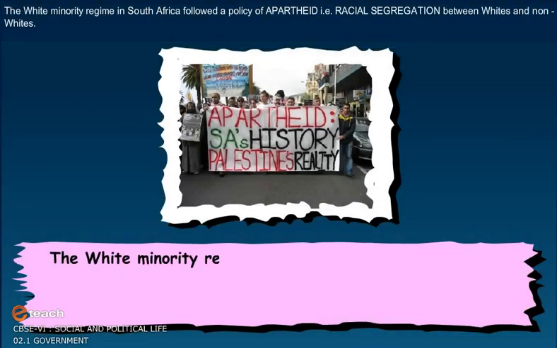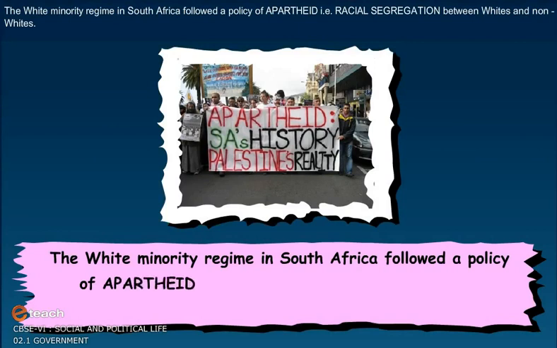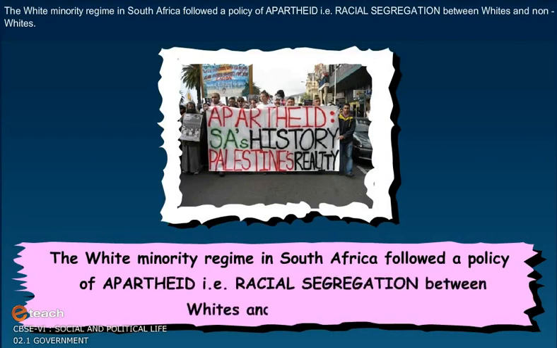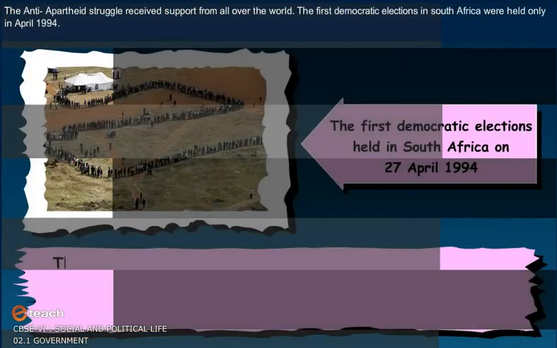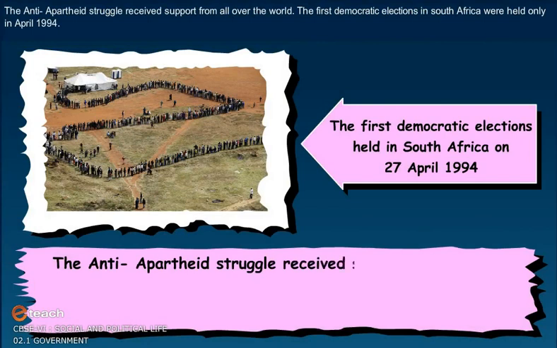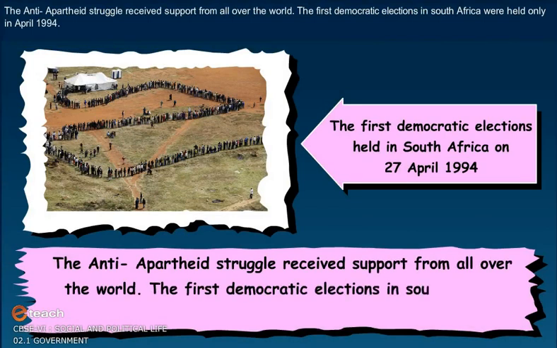The white minority regime in South Africa followed a policy of apartheid, that is, racial segregation between whites and non-whites. The anti-apartheid struggle received support from all over the world. The first democratic elections in South Africa were held only in April 1994.